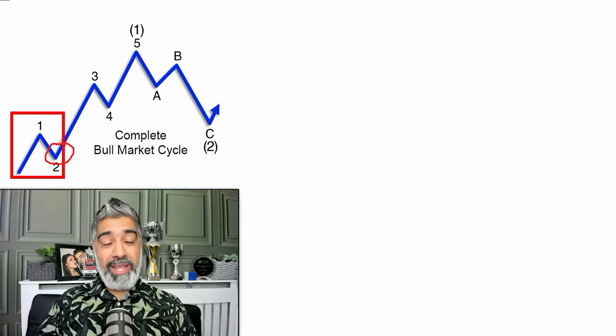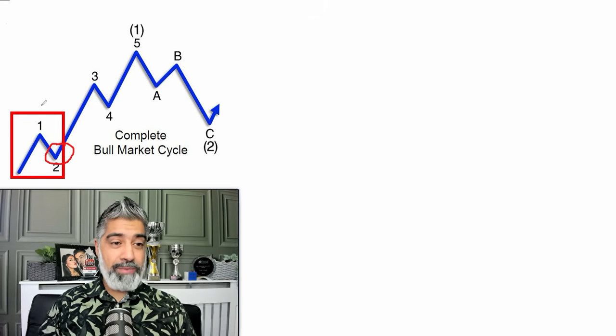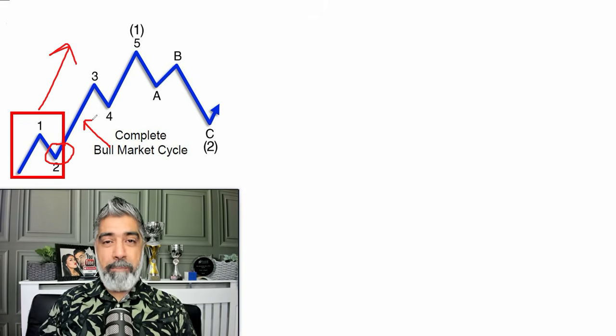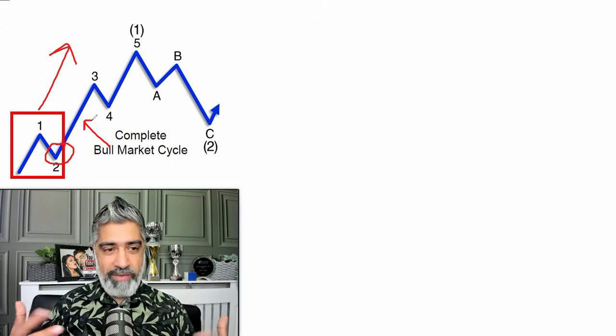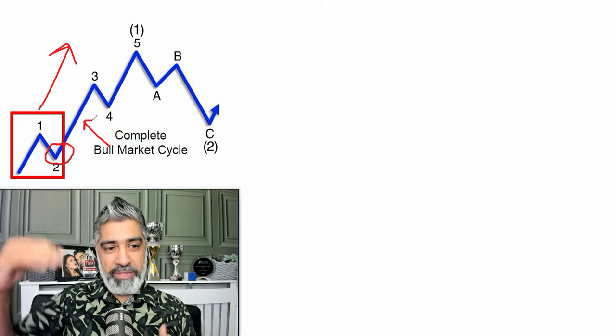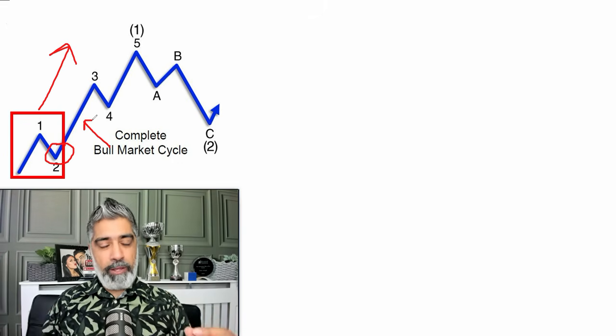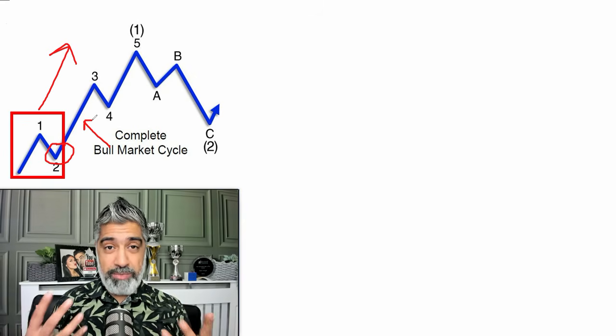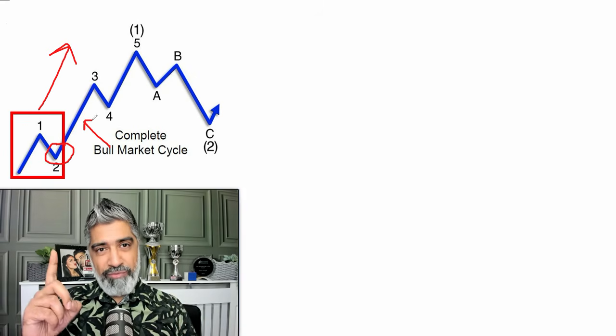Why? Because the thing that typically occurs after a wave two is a wave three. And more often than not, wave three is the biggest and most impulsive wave where you make the most amount of profits. So we want to get into the market, or buy your crypto, or trade the crypto long before the wave three takes off, right?